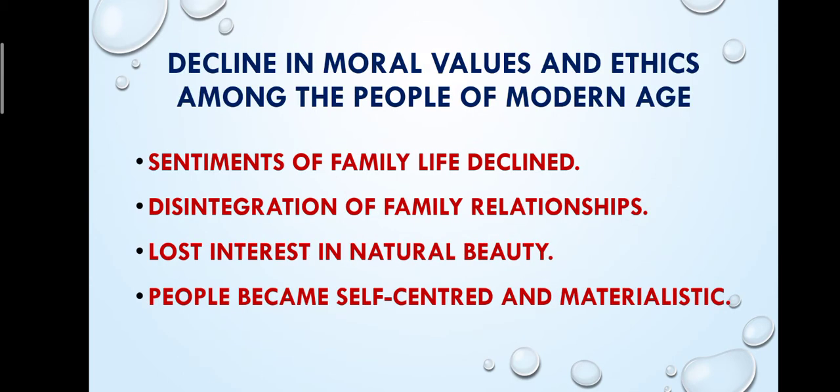Now, the next salient feature of the modern period is declining moral values and ethical principles among the people of this age. In the 20th century, the sentiments of family life declined. The growing tide of materialism has brought about the disintegration of family relationships.